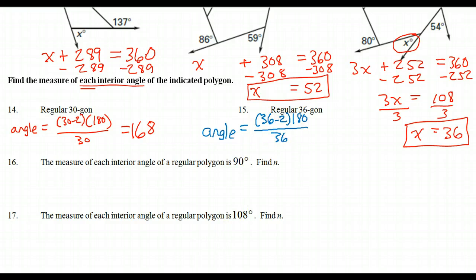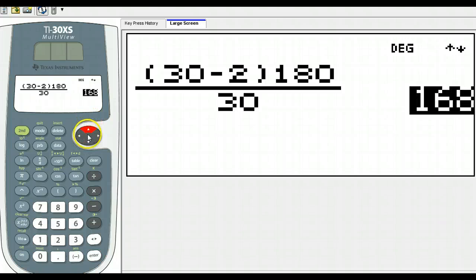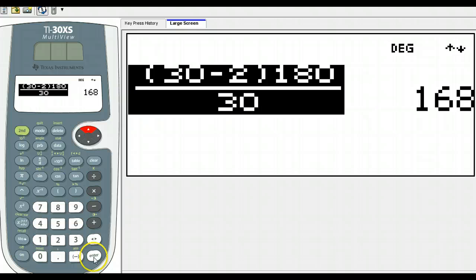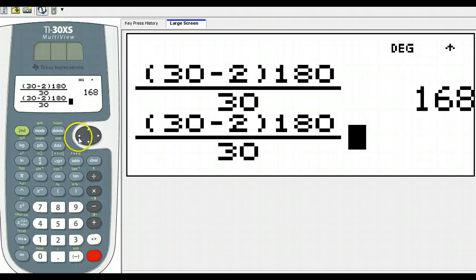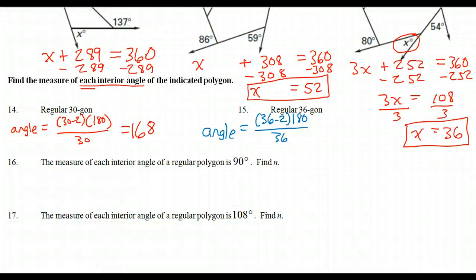So 36 minus 2 times 180 divided by 36. That's 170.